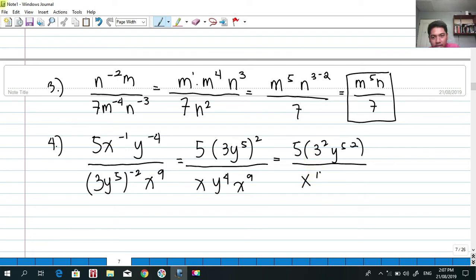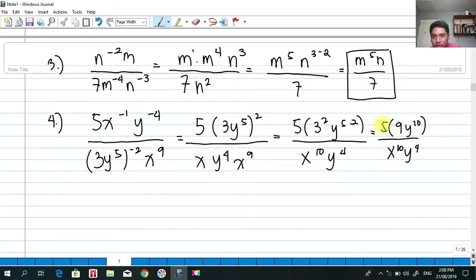So we have x raised to 10, we can add them. So we have y raised to 4 here, and we can simplify this as 5 times 3 squared is 9 y raised to 10, over x raised to 10 y raised to 4.